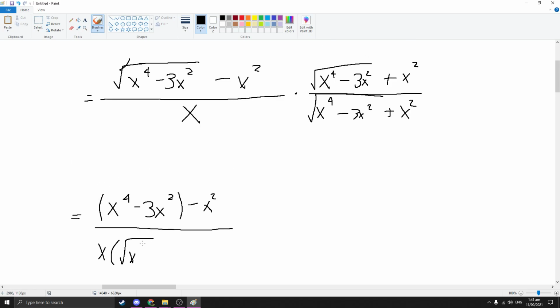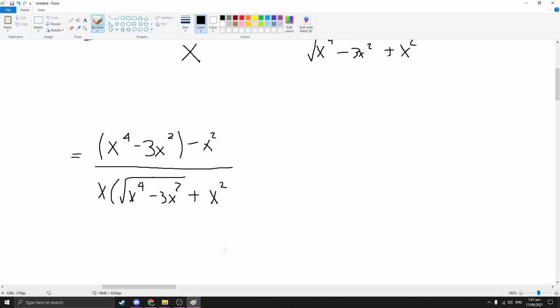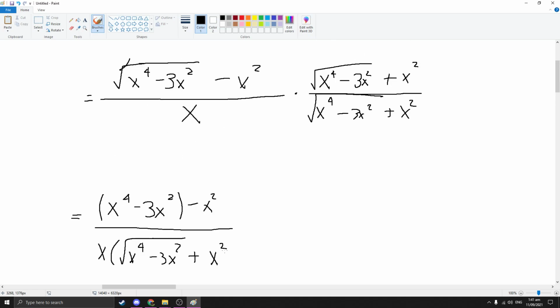Same dun sa equation na kinonjugate natin. So after nyan, meron pala isang mistake.